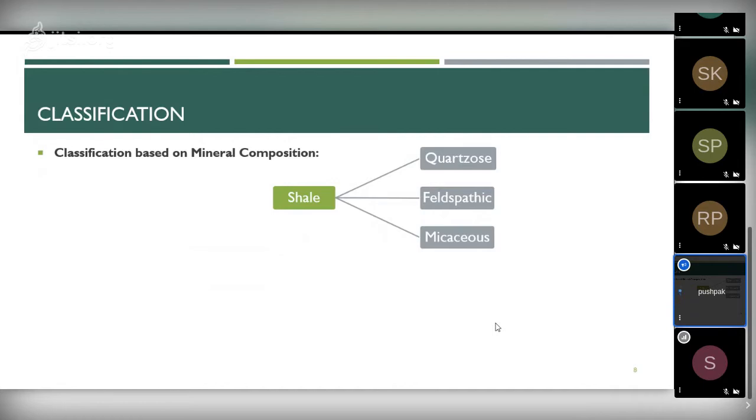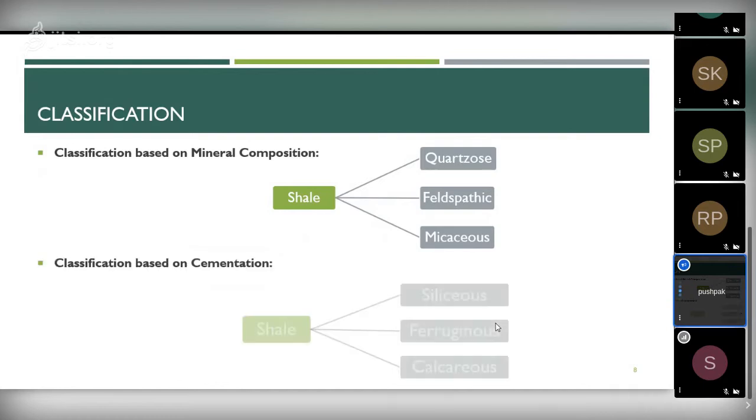In quartzose, it is rich in free quartz, meaning quartz grains dominate the sample. In feldspathic, feldspar and clay minerals are dominant. In micaceous, it is rich in muscovite mica and other flaky or clay minerals.